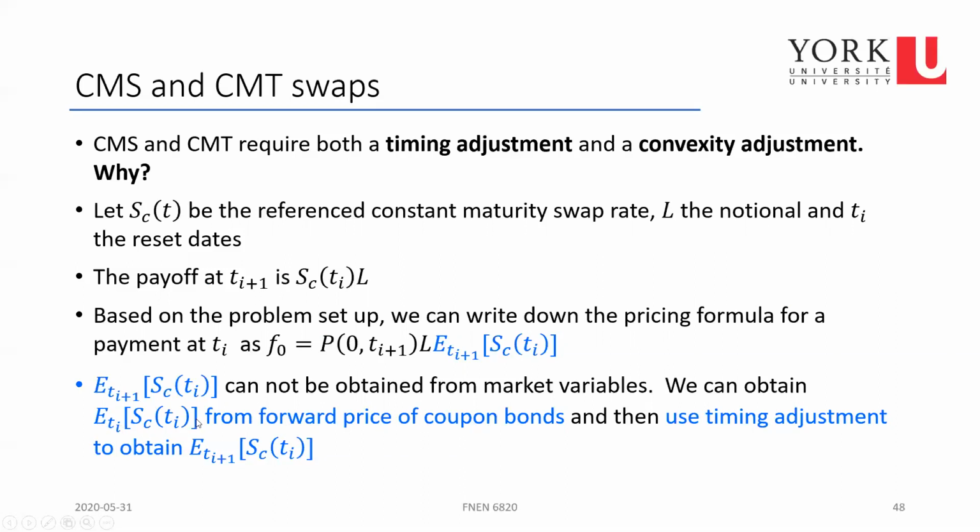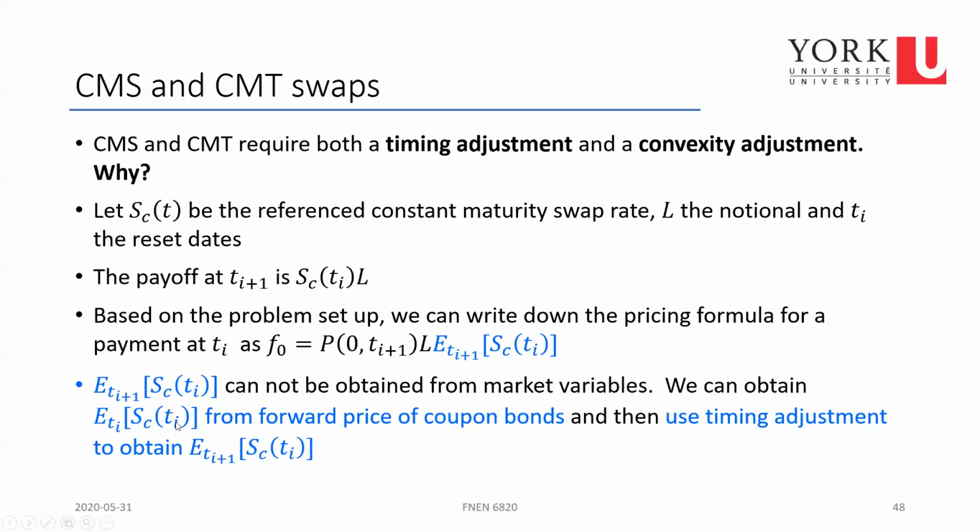So when you take the yield, you have to do a convexity adjustment to get this. Okay, so let me repeat again. You have the forward price of the coupon bond right now, and if this is a 5-year swap we're looking at, you're looking at a 5-year coupon bond.